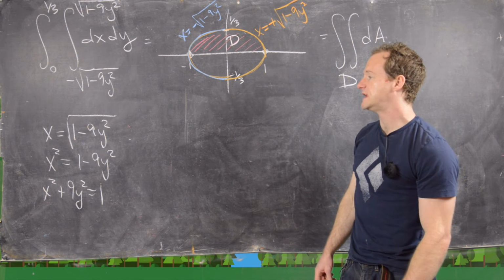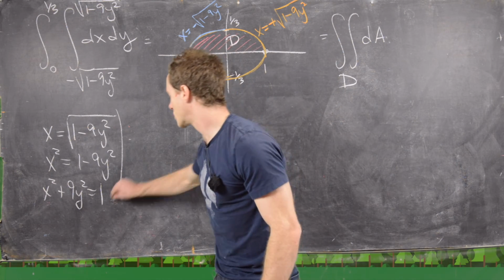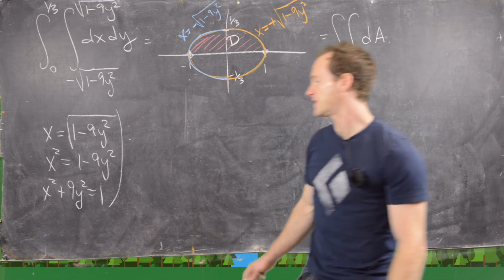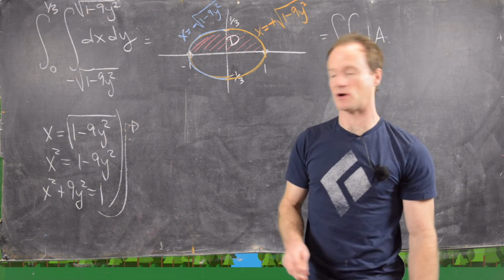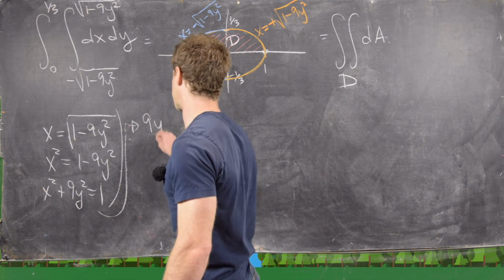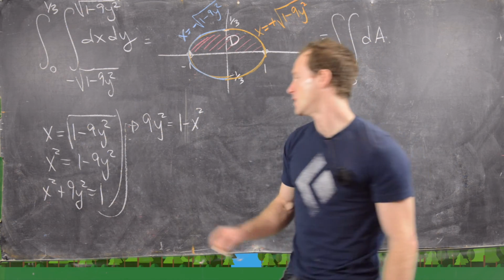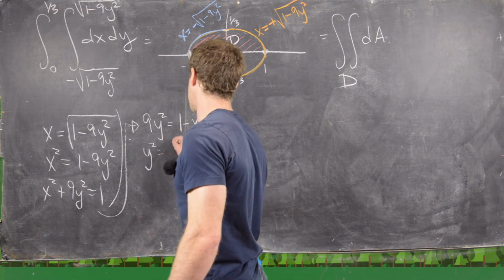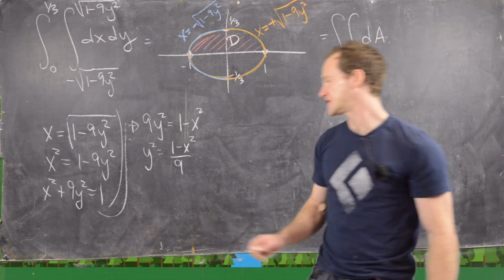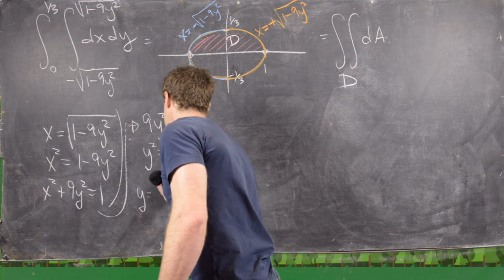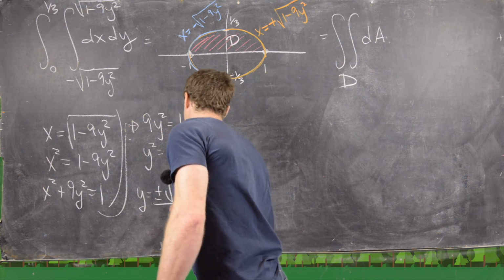Okay, now let's go ahead and change the bounds of integration. And so what we need to do in order to do that is take this and solve it for y. But that's not too bad. We'll just take this version of it at the very end to solve for y. And notice that gives us 9y squared equals 1 minus x squared, which gives us y squared equals 1 minus x squared over 9, which tells us that y equals plus minus the square root of 1 minus x squared all over 3.